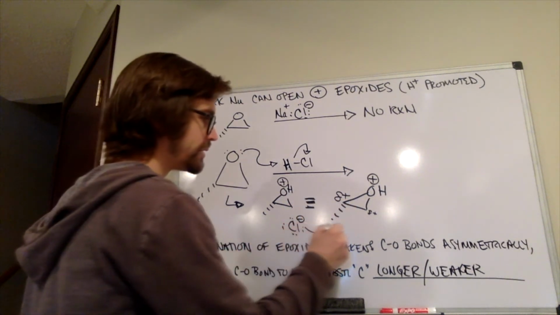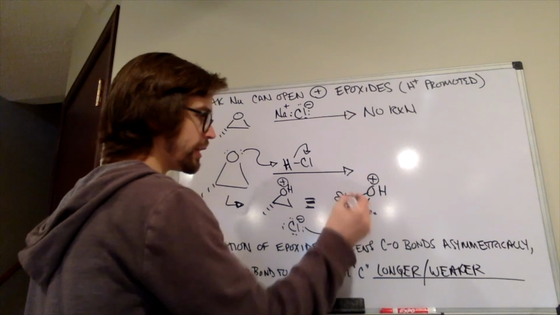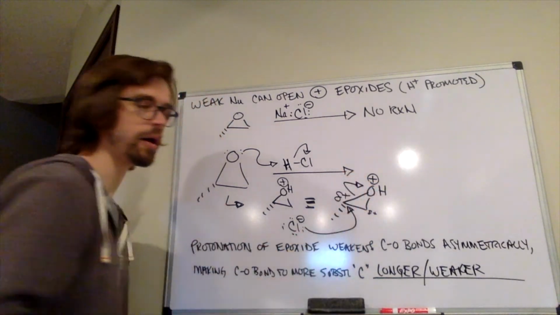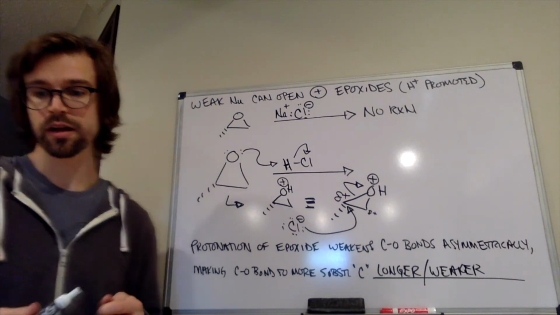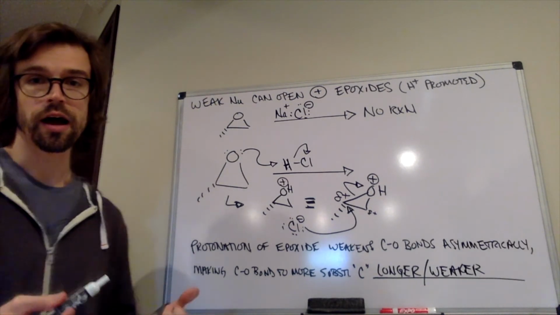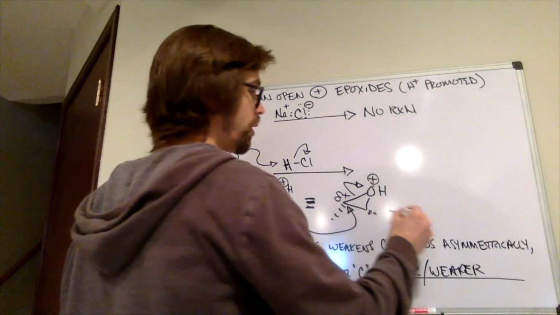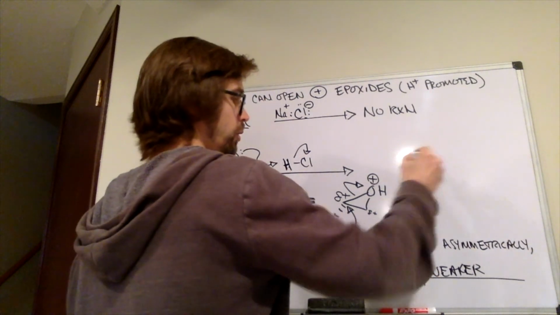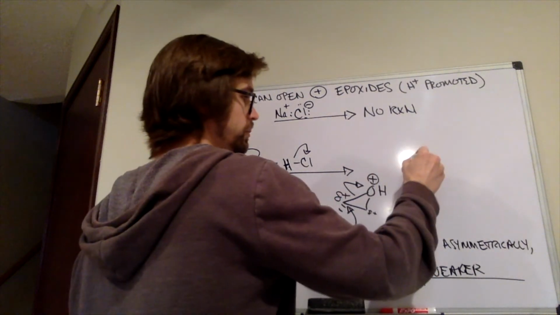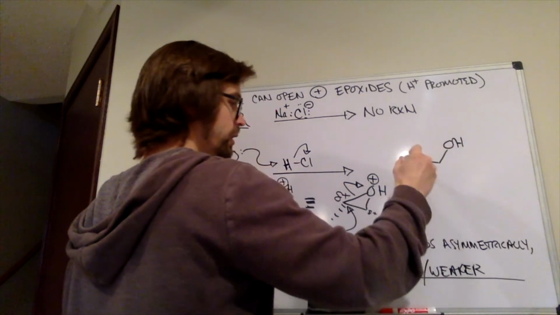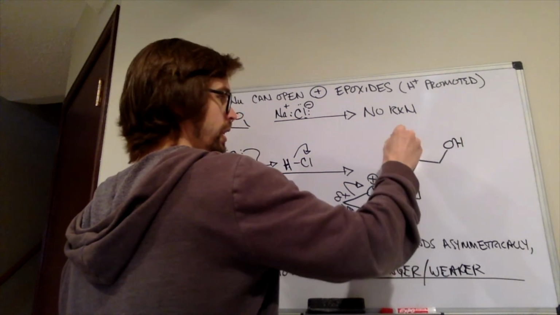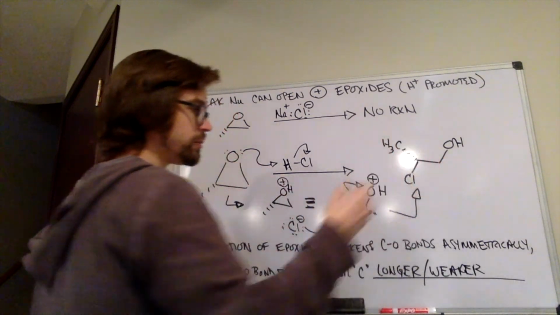So that Cl minus is actually going to add right there, opening up that carbon-oxygen bond. What does this look like? Well, the product then will have the chlorine at that position. The OH is up here, and the CH3 is right there.